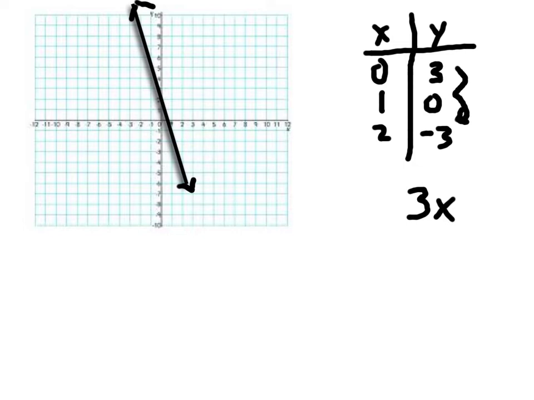And then we have 3x there. Now, 1 times 3 is not 0. But if we know it's 3x, all we would need to do is subtract, like this here, 3 minus 3x. Because this will be our equation that holds true, where y equals 3 minus 3x.